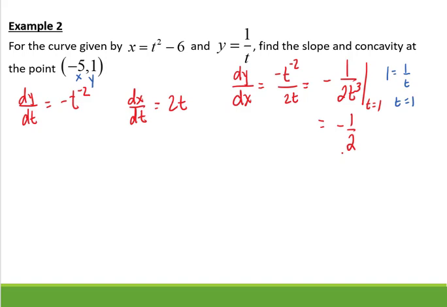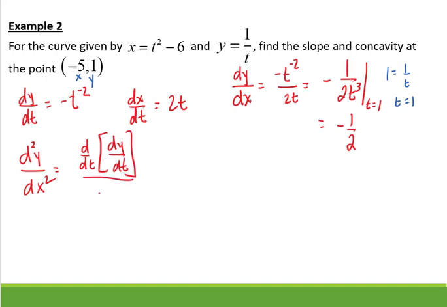Now I need to find the second derivative. I have my notation wrong here. I take the derivative with respect to t of my first derivative, and I divide by dx/dt.